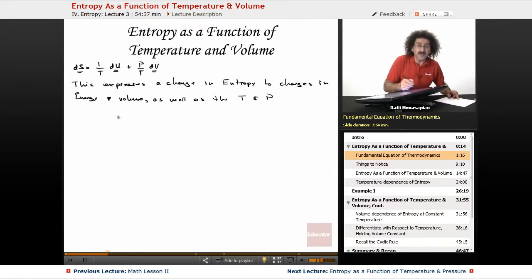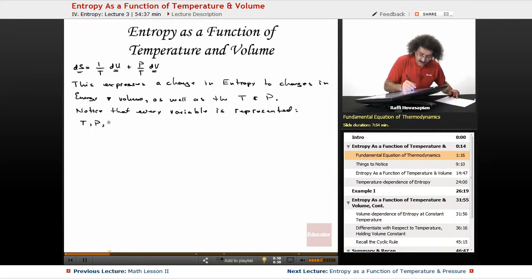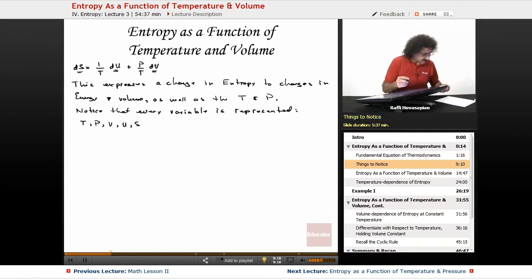Notice I have T and I have P. Notice that every variable is represented: temperature, pressure, volume, energy, and entropy. S, U, T, P, V. It's all together. That's why it's called the fundamental equation of thermodynamics.